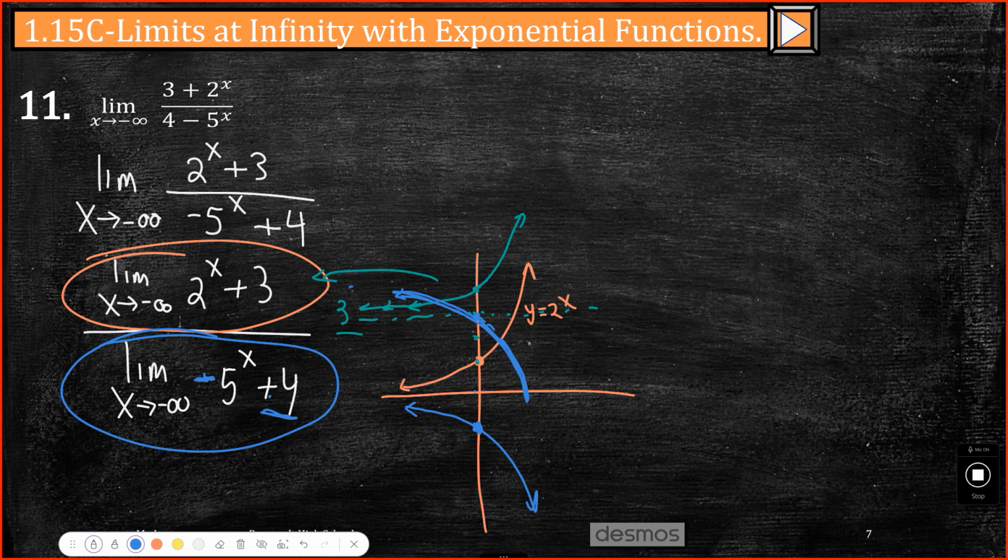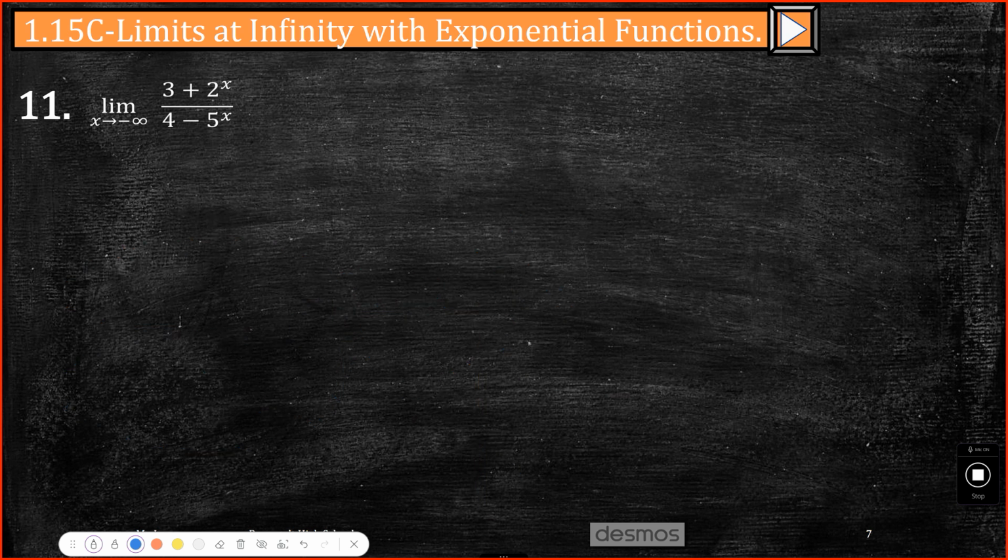But the asymptote of this one is going to be here, 1, 2, 3, 4. So the asymptote is 4. So the limit will be 3 over 4. Yes or no? Got it? That's the full understanding, because for inputs going to negative infinity, it will be approaching 4. The limit is 4. Okay, so that should be good.